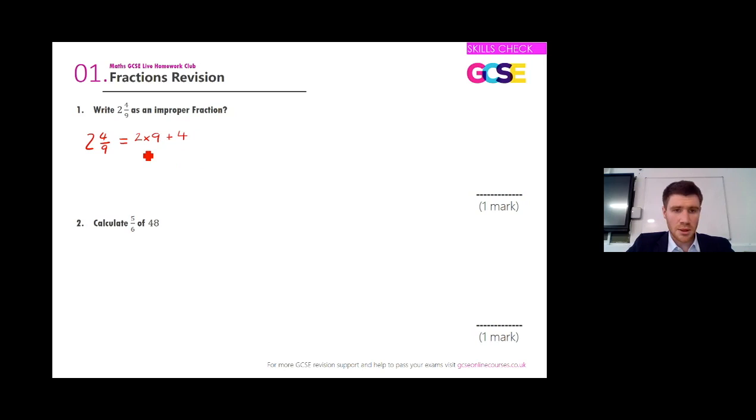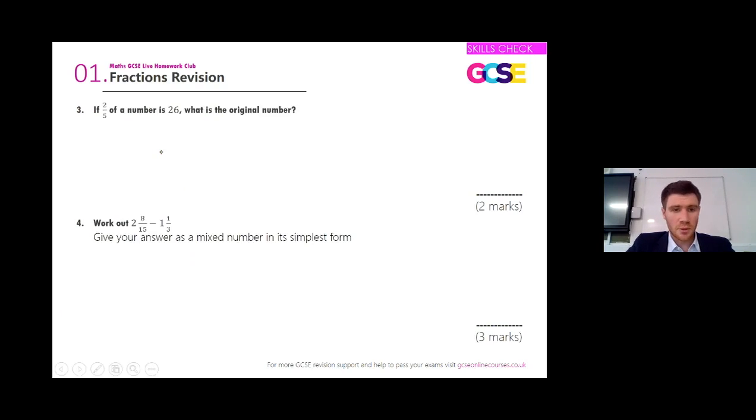The denominator in this process will not change. Now, converting mixed numbers to improper fractions is crucial. It's crucial when adding and subtracting mixed numbers. It's crucial when multiplying and dividing mixed numbers, and in these exam questions that we have.